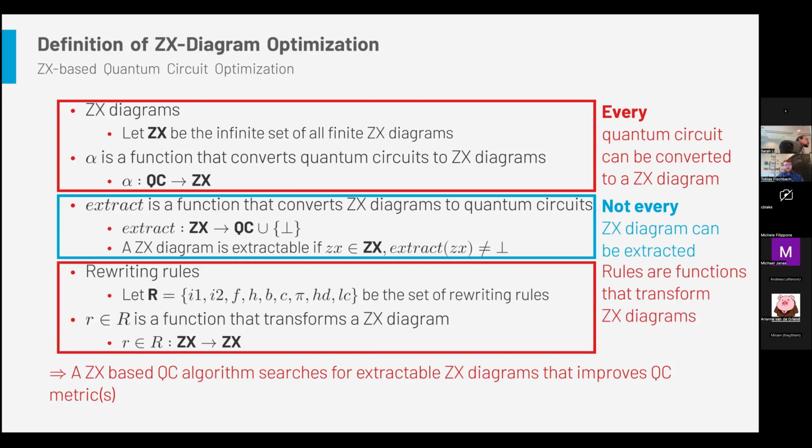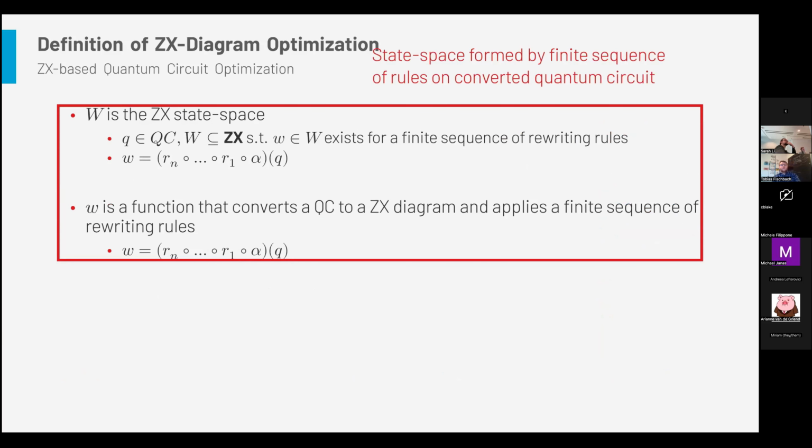And in the end, we have rewriting rules, which are just functions that map a ZX diagram again to a ZX diagram, which changes the ZX diagram itself without changing the semantics. And the idea is that we chain these rewriting rules together on a converted quantum circuit, and this gives us then a finite sequence where in the end we get an optimized ZX diagram.